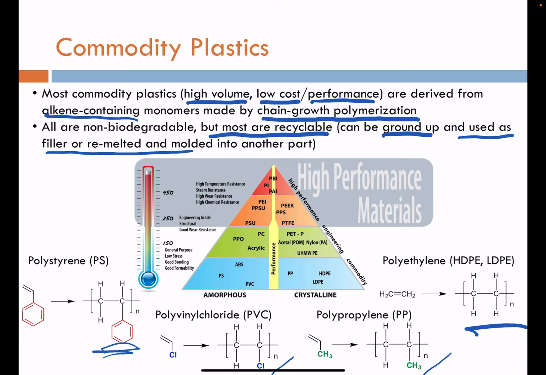A lot of other chain growth options exist, and so as we move away from the commodity materials that we see at the bottom of this pyramid chart, we get to more engineering or high performance polymers. We can see both chain growth options as well as step growth options as we move up the table here in favor of more high-end applications.